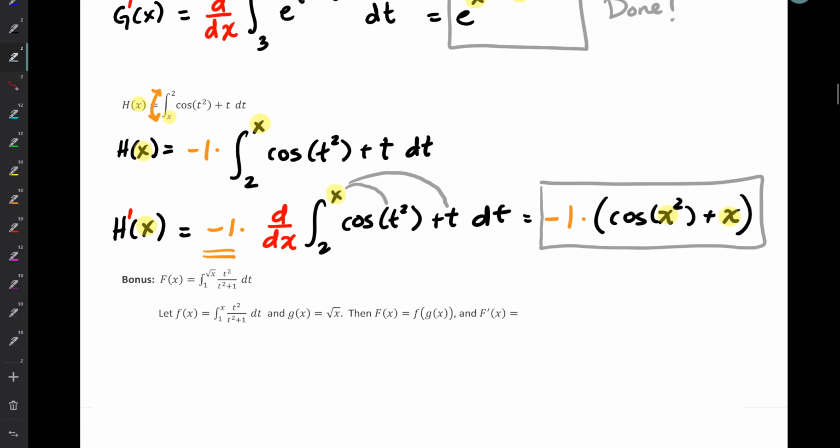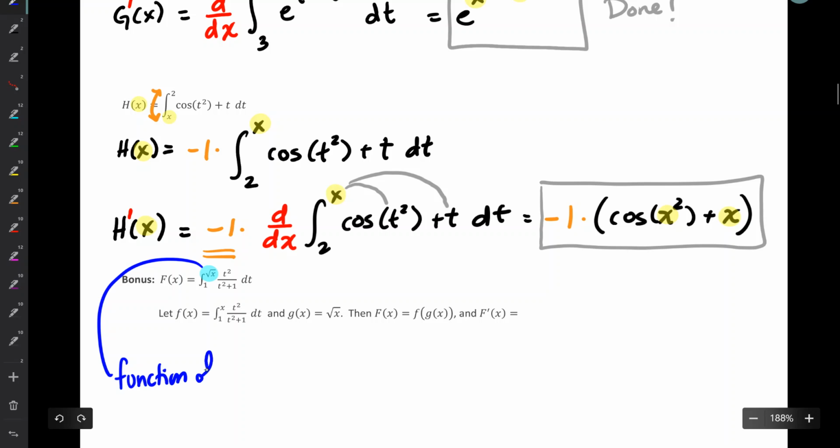And then for a bonus, I'm going to leave this to you, but it's kind of cute, right? We want to take the derivative of f, and notice that up here, you don't just have x. You've got a function of x. That's not the identity there.